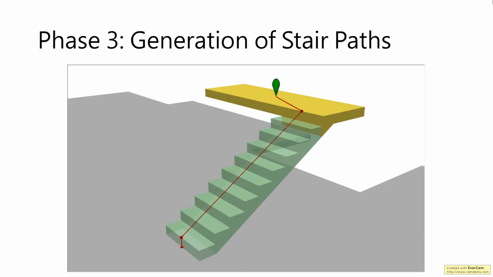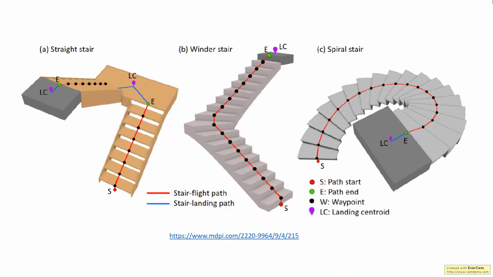The first version of the algorithm only supports stairs with a straight flight, and later versions of the algorithm continue to support two other categories of stairs, including wider stairs and spiral stairs commonly seen in public buildings.